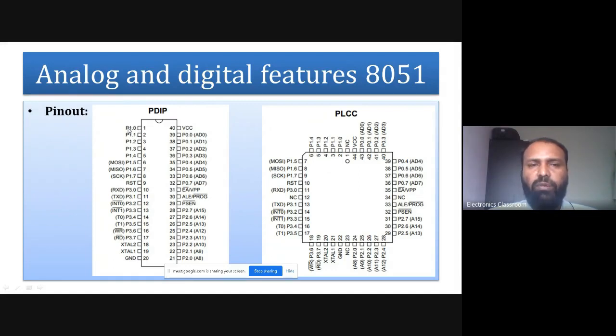So pin number 1 is allocated to port 1.0, pin 2 to port 1.1, and similarly all other pins are sequentially allocated to port bits. So pin number 8 is allocated to port 1.7.